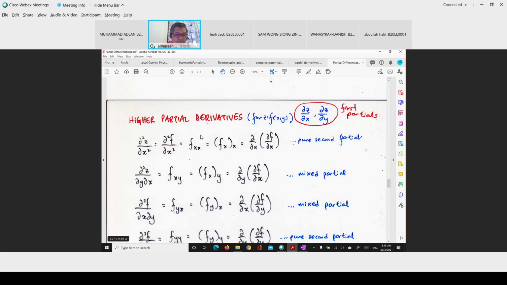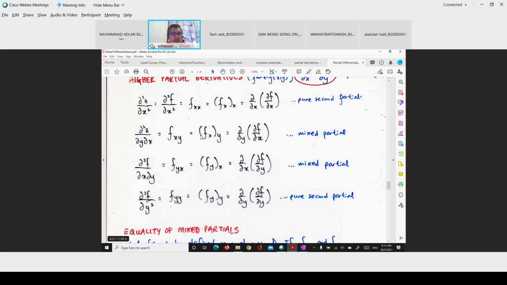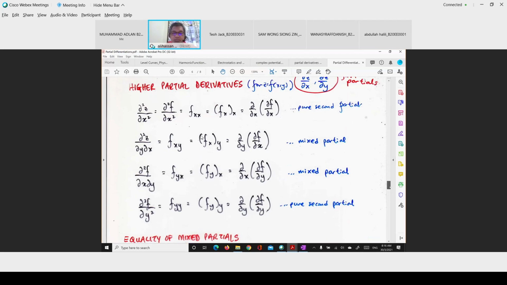On the other hand, f partial y partial x means we calculate f partial y first, and then we take the partial with respect to x. And we also have another possible second partial derivative, f partial y partial y. These are called second order partial derivatives.